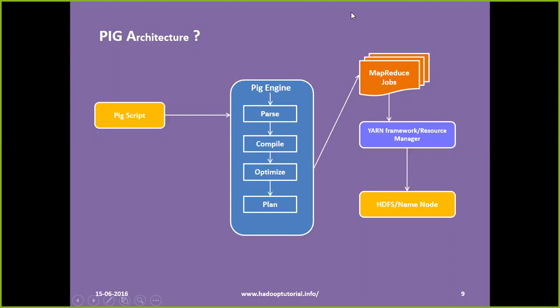This is just a tool at the client machine, which takes the commands and compiles them and converts that into a MapReduce job. And that MapReduce job will be submitted from your client machine to your resource manager.